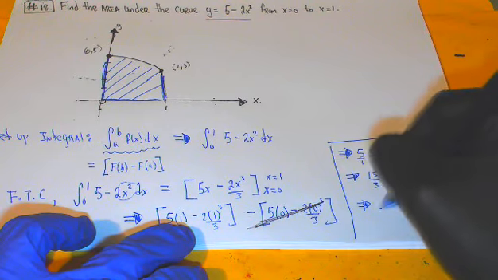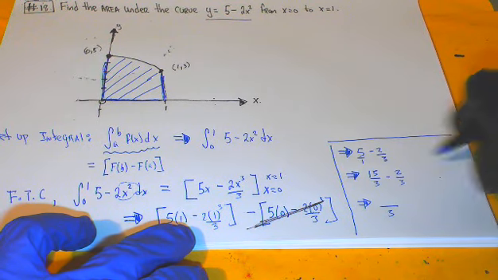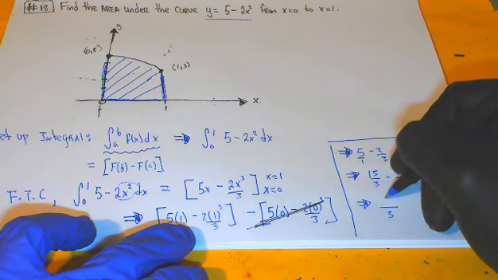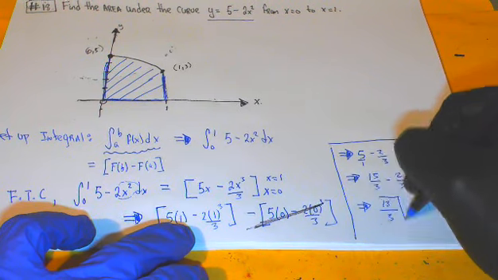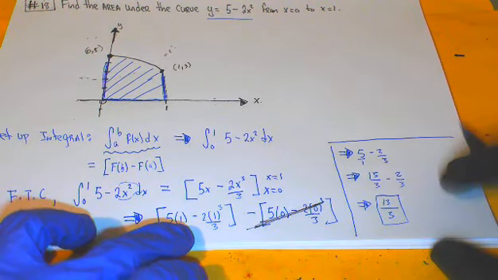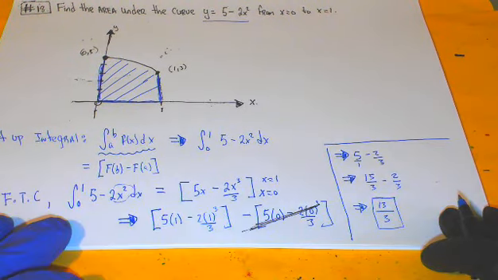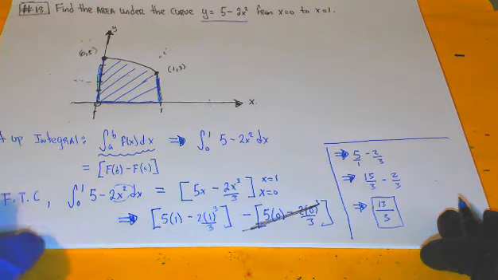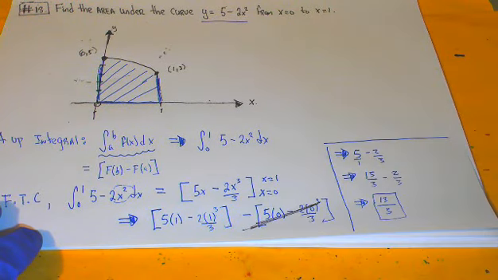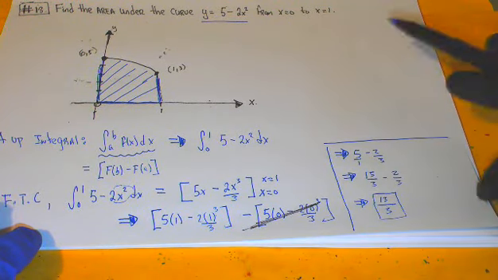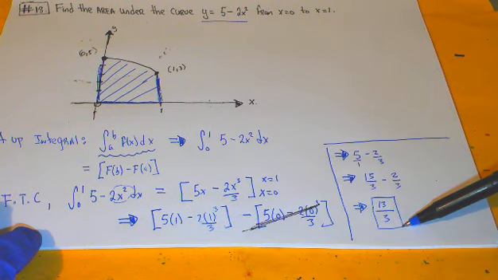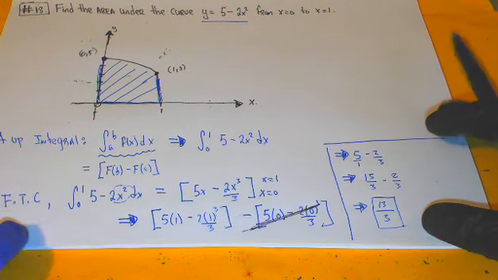Keep your denominator, which is 3, and take the difference of the numerators: 15 minus 2 is 13. So your final answer is 13 over 3. The area underneath the curve y equals 5 minus 2x squared from x equals 0 to x equals 1 is precisely 13 over 3.